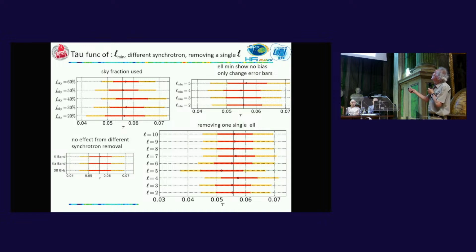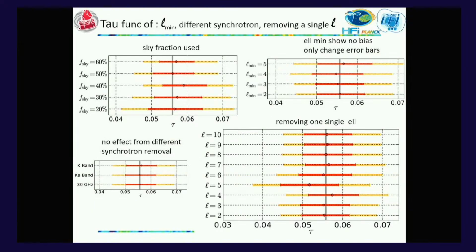And so we reduce the error bar for all fraction of sky used, or L min, or the synchrotron removal.